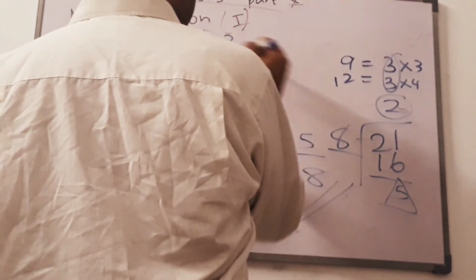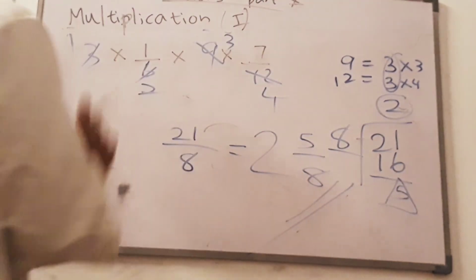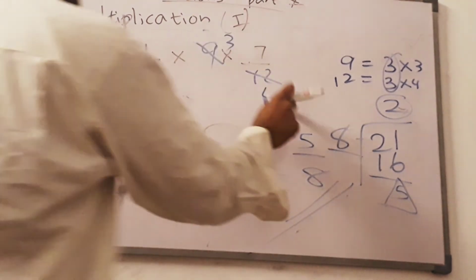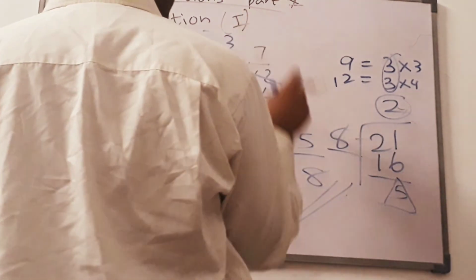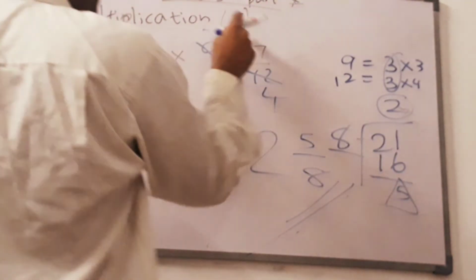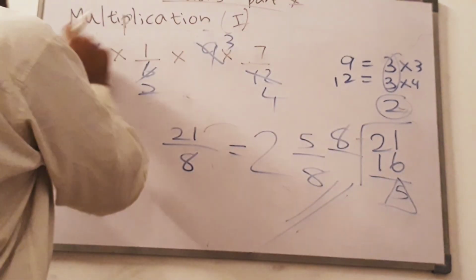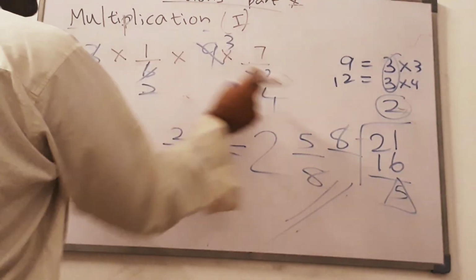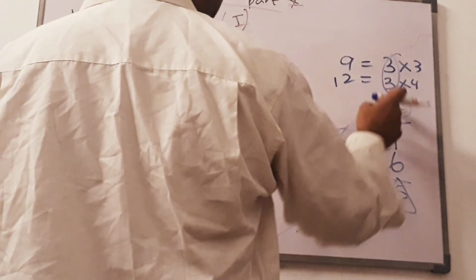So this is 3, this is 4. But 2 and 3 cannot be simplified, because there is no common factor. Same as 4 and 7 cannot be simplified, no common factor. 4 and 3 also cannot be simplified, no common factors. 2 and 7 cannot be simplified, no common factors. Hence 1 times 1, 1 times 3, 3 times 7, 21. Here 2 times 4 is 8. Then we divide 21 by 8. Okay, 8 times 2 is 16.